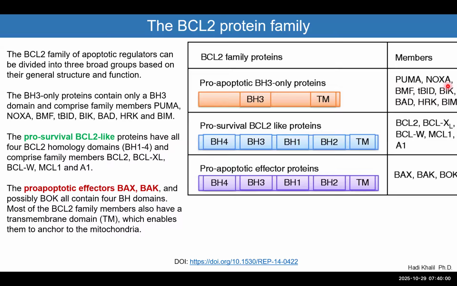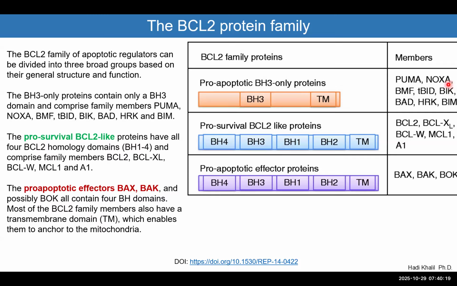In this one here, it's what we described with the P53, that if the cell has sensed any of these damages, it will start producing the pro-apoptotic BH3-only proteins, PUMA and NOXA.